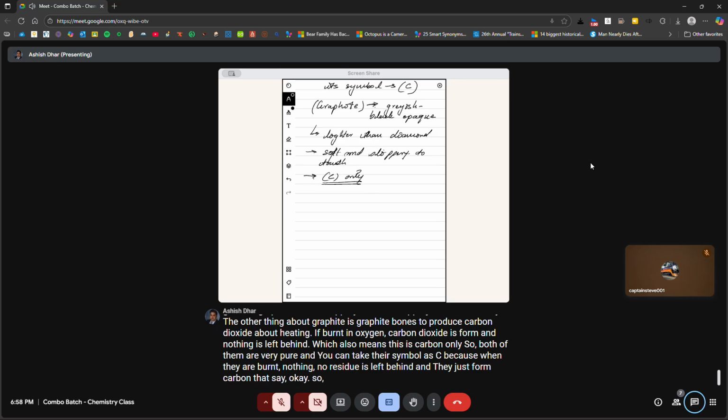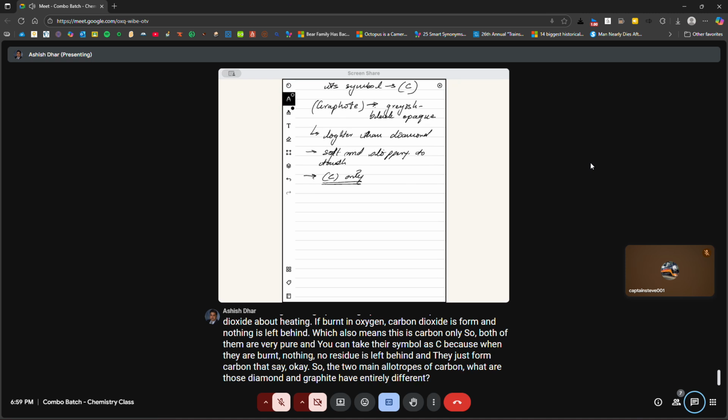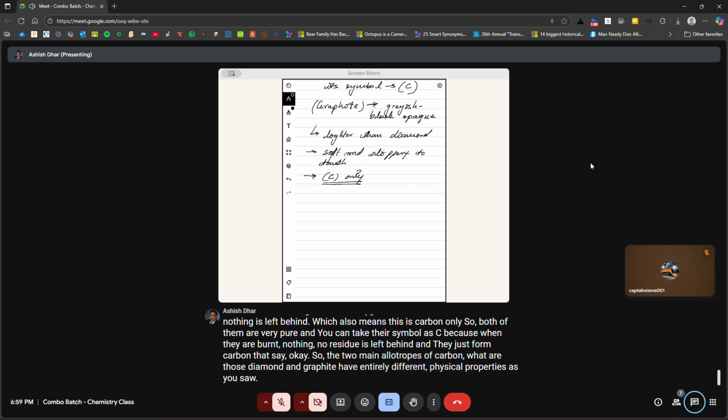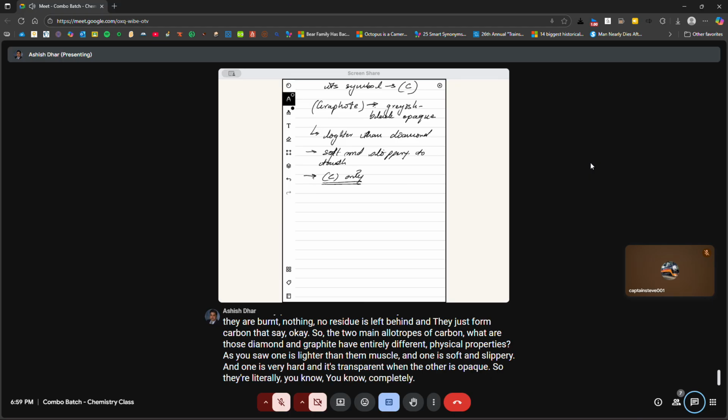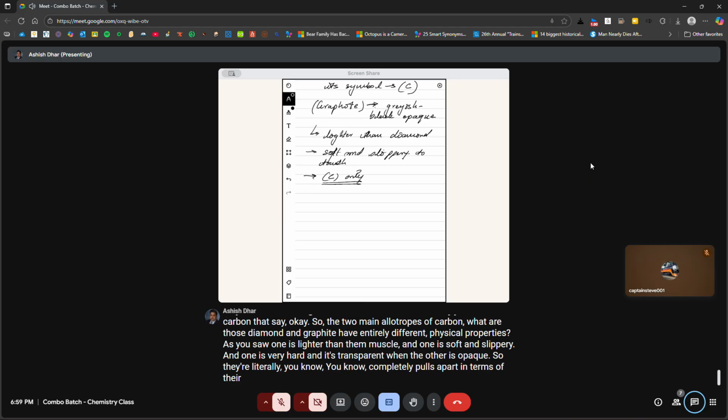Okay. So the two main allotropes of carbon are diamond and graphite, which have entirely different physical properties, as you saw. Graphite is lighter than diamond and soft and slippery, while diamond is very hard and transparent, and graphite is opaque. They are completely poles apart in their physical properties.